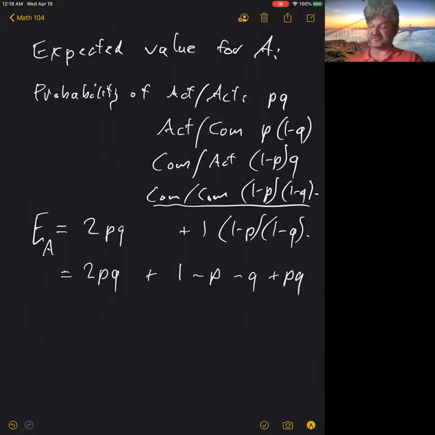We get 4 terms. Then we gather up everything with a P in it and factor out the P. So what is that? It's a 2Q minus 1 times P. This takes care of that one and that one. What is left?